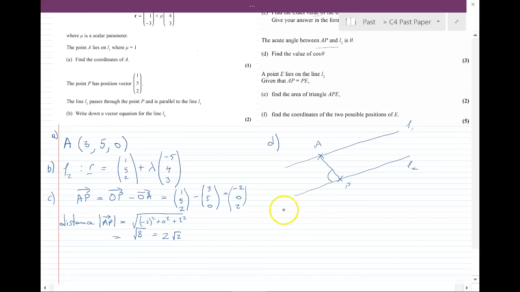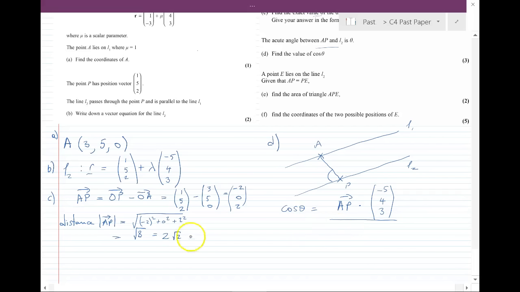But basically we can talk about cos theta being the dot product of AP dotted with the direction vector that we have for the line, which is minus 5, 4, 3, over the magnitude of these two vectors.